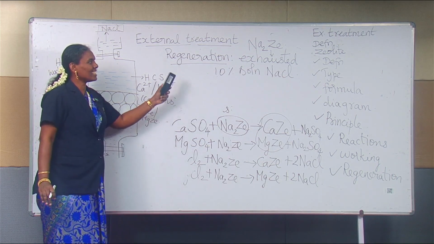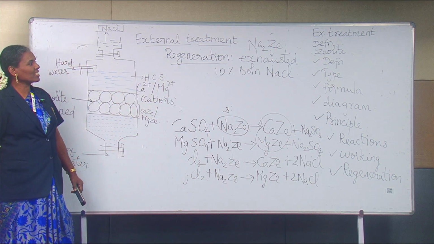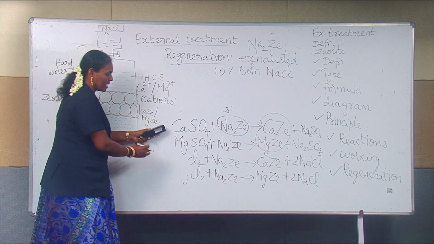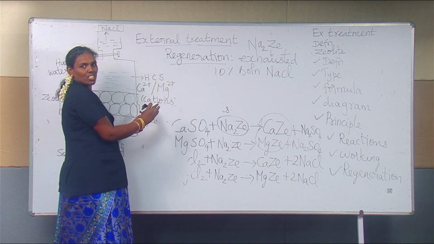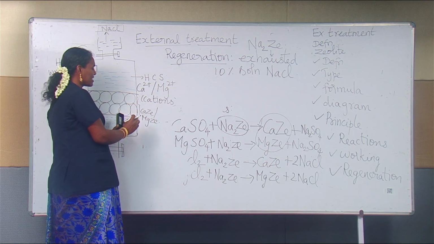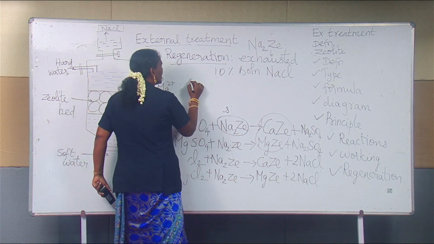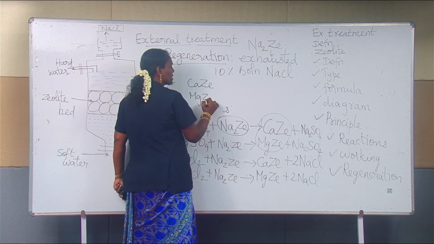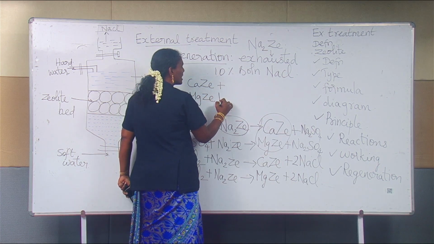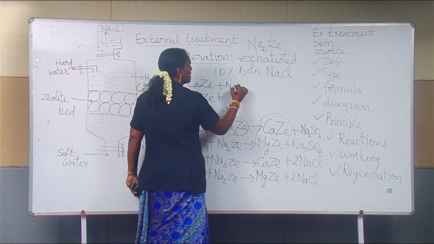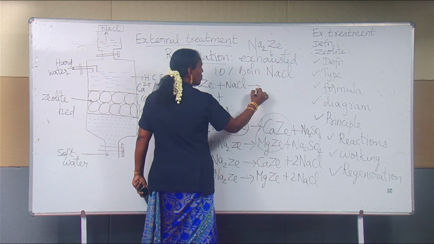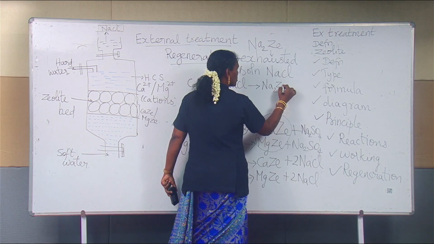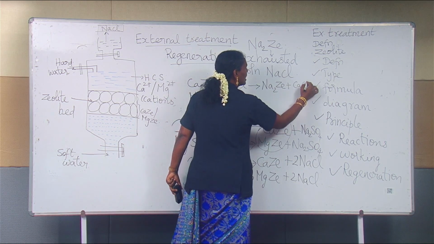So what are the regeneration reactions? How will you write them? Very simple, it is the same thing. The reactant is calcium zeolite, and magnesium zeolite is also present. Along with this, we add NaCl. When NaCl is added, sodium zeolite is formed again, that is, Na2Ze plus CaCl2.